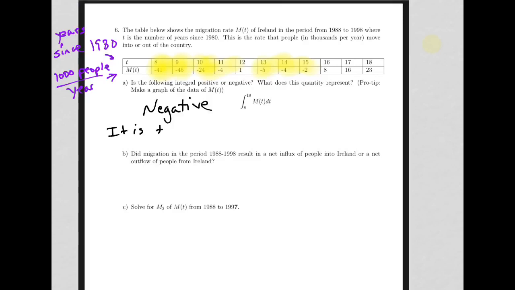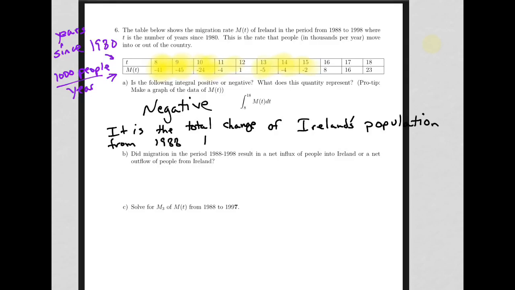So it is the total change of Ireland's population from 1988 to 1998, in thousands of people. Okay, so that's our answer.